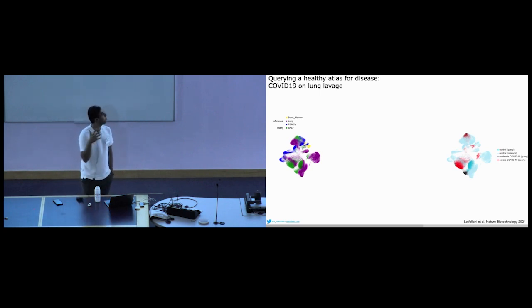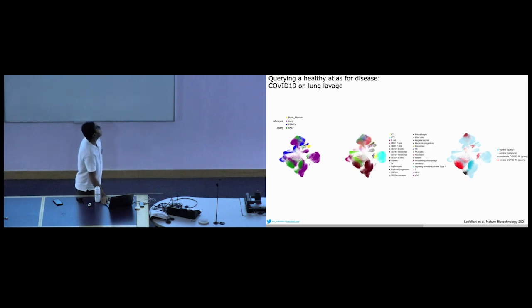These patients were diagnosed with COVID. A few of them had severe COVID, and a few of them had moderate COVID. And then we also had some control healthy samples. So after mapping this data set, we sought to explore which cell types map to the reference and which cell types did not map, and whether this is batch effect or disease effect.